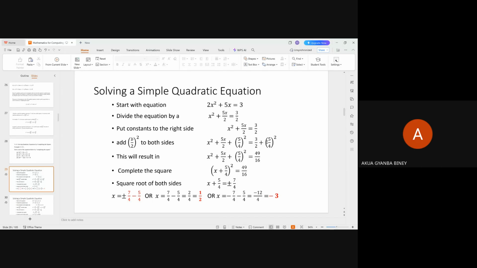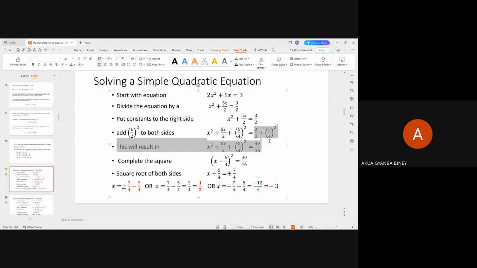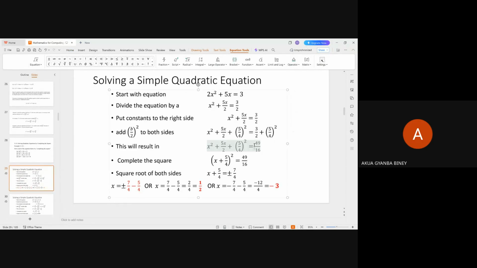The least common denominator is 16. 2 will go into 16 8 times. 8 times 3 is 24. 16 will go into 16 once, multiplying 25 is 25. So I have 24 plus 25 all over 16, and this gives me 49 over 16. So it is this part that I have simplified to get 49 over 16. No magic.